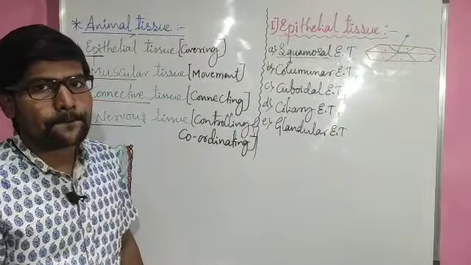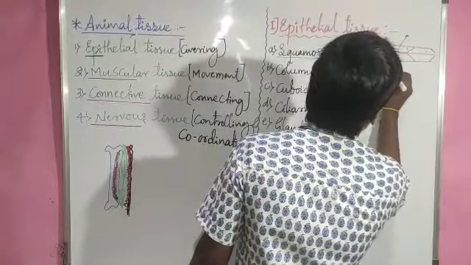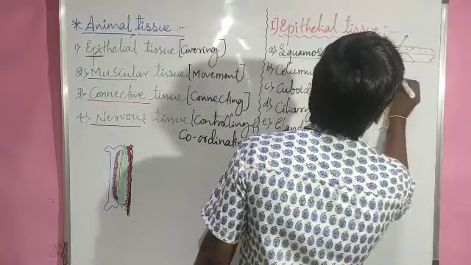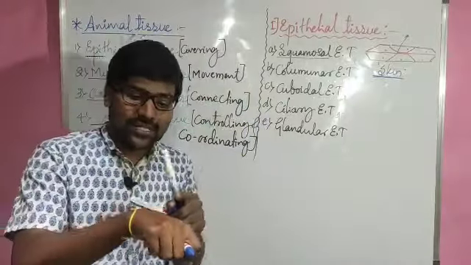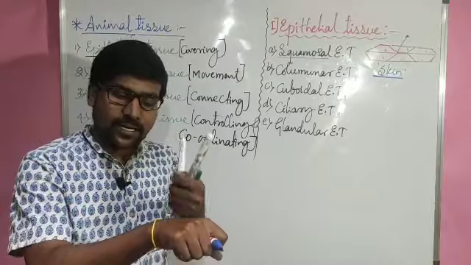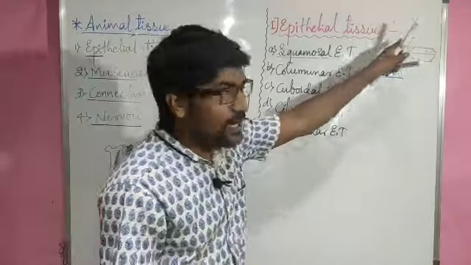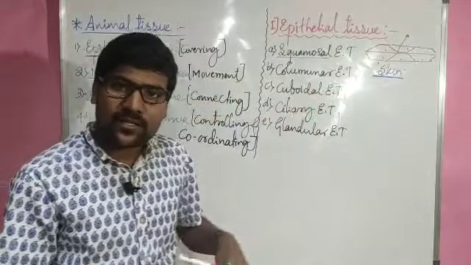There is no gap. So for example, let me consider the skin layer. Imagine this is a skin layer. If we zoom into our skin with a microscope or any super lens, then we can see this kind of cells, and there is no gap in between the cells.